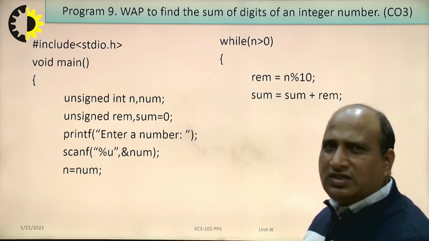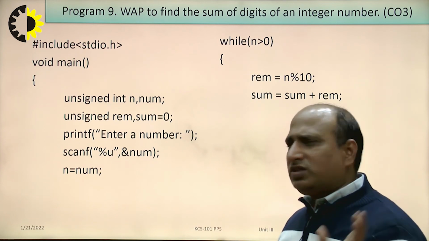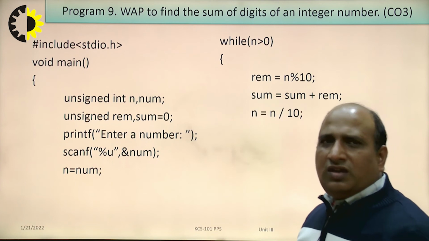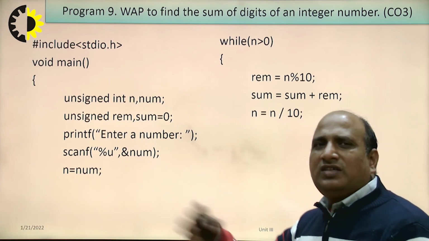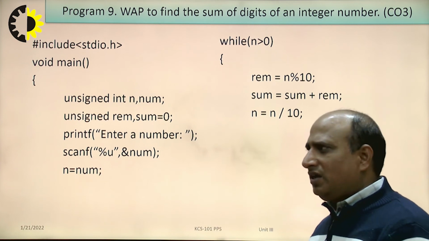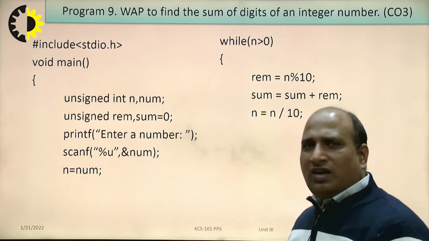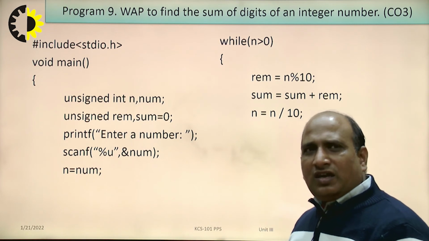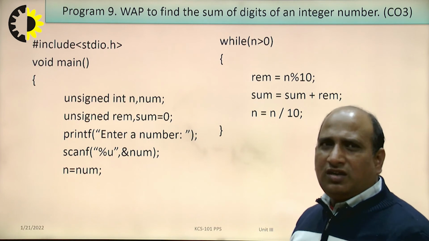Now the number is updated and we remove the last digit: n equals n divided by 10 gives the quotient and removes the last digit. Then again the condition is evaluated.